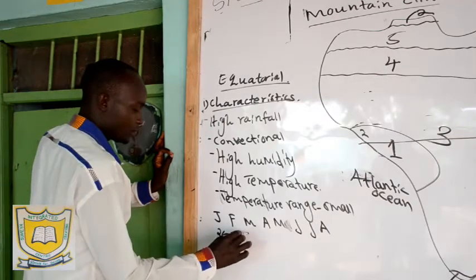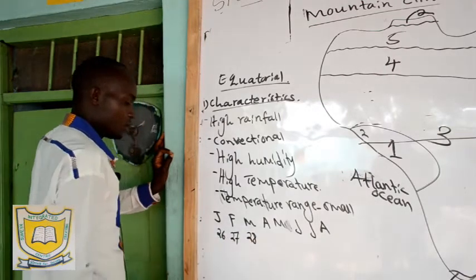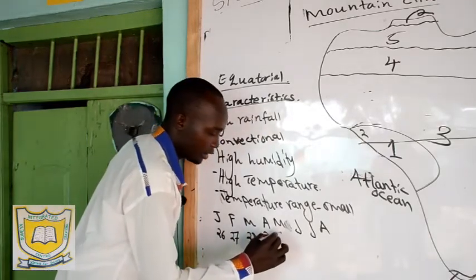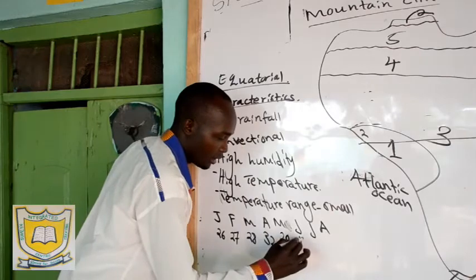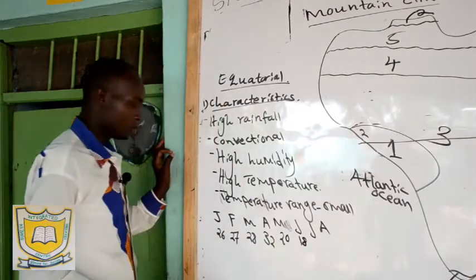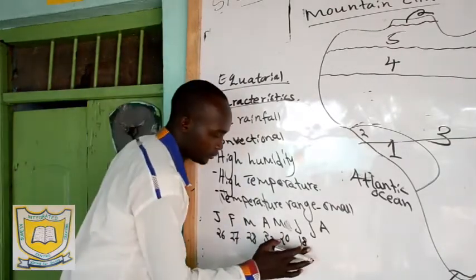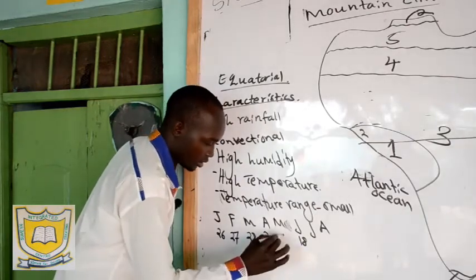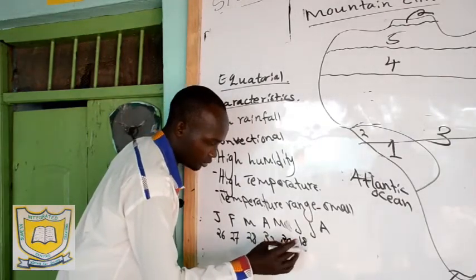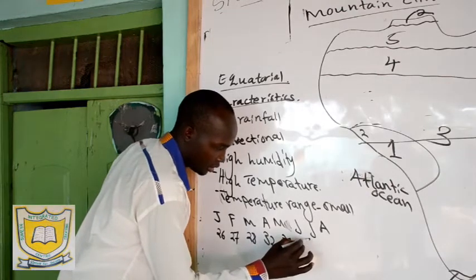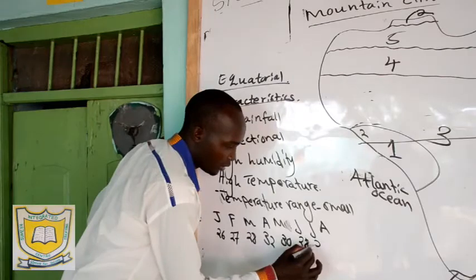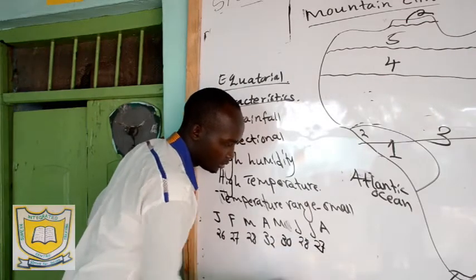Here we have 28. Here we have 32. Here we have 20. We have 18. So this is 30. And then 28. Then 27.